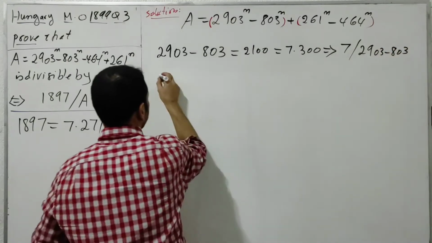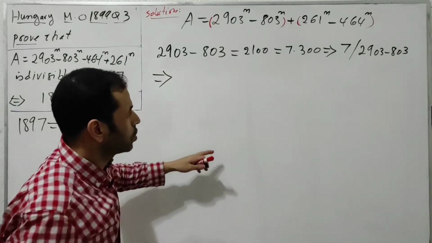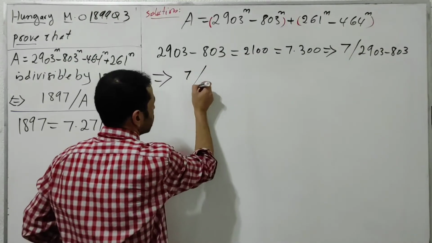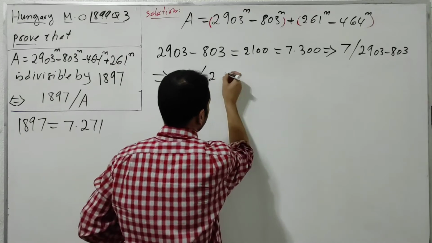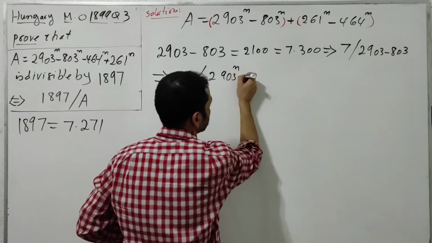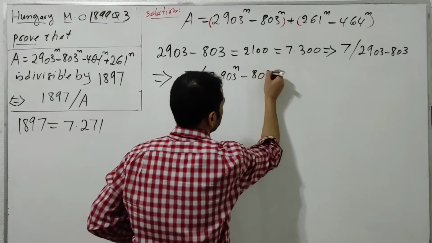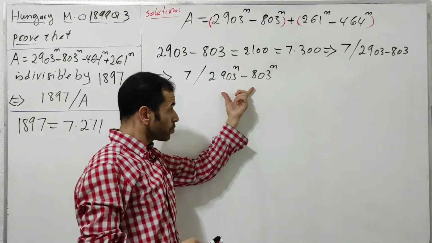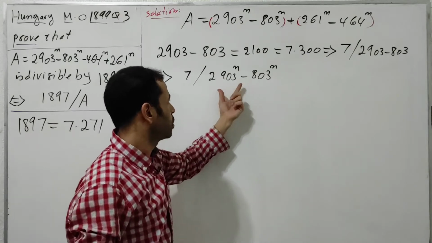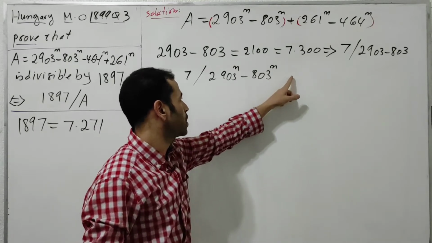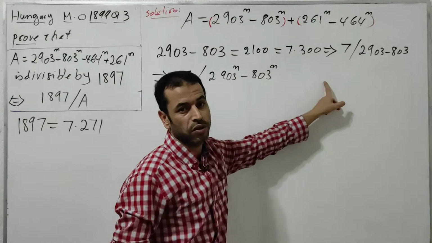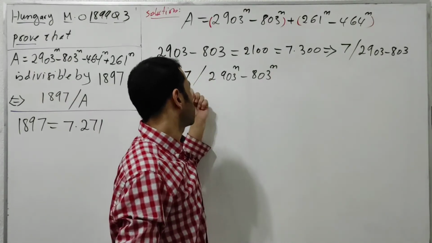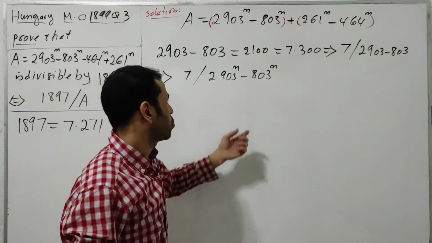In other words, this implies 7 divides 2903 to the n minus 803 to the n. As we said before, this is factorable, because when you factor it, it gives you 2903 minus 803 times something. The first factor equals this value, which means 7 divides this value. So we are good to go.